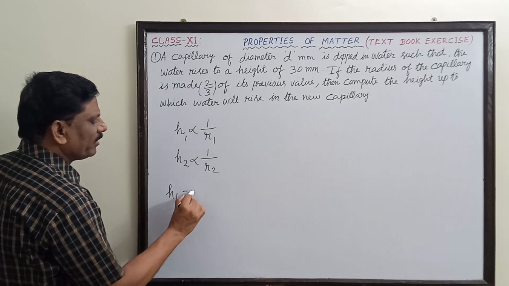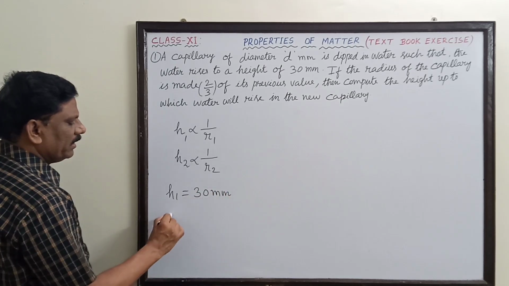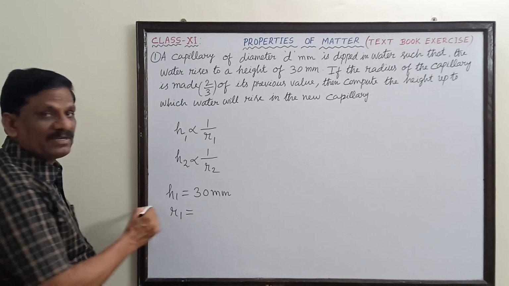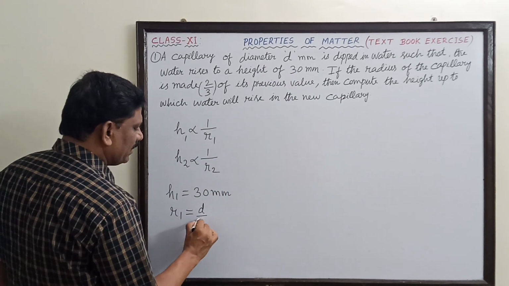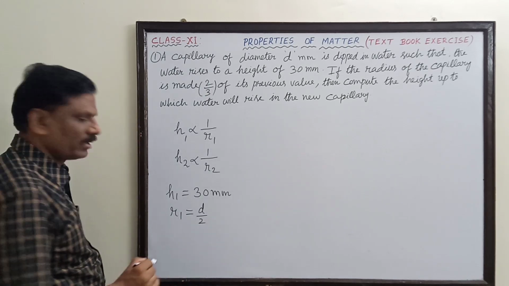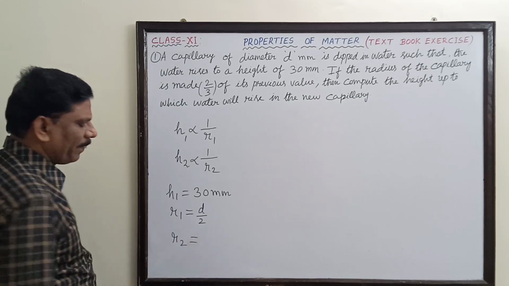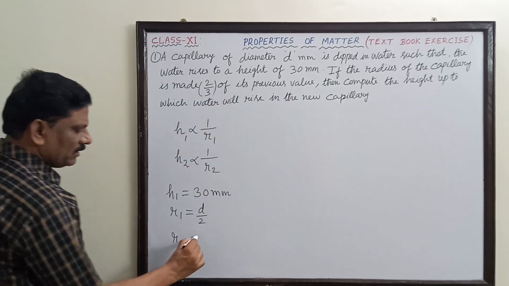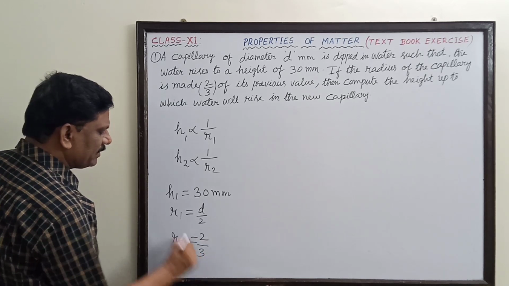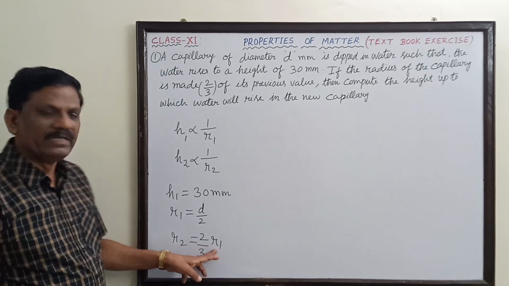H1 is equal to 30 millimeter and the radius of the capillary bore in the first case, R1, is equal to diameter d divided by 2, and the radius of the second capillary is 2 by 3 of its previous value. That is, R2 is 2 by 3 times R1. We can relate R2 in terms of R1.